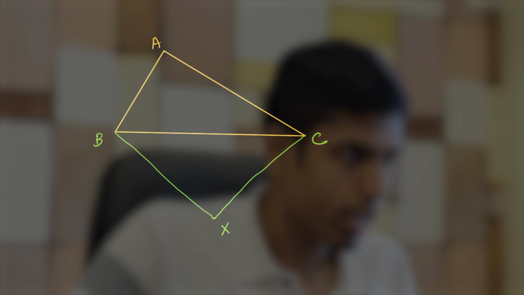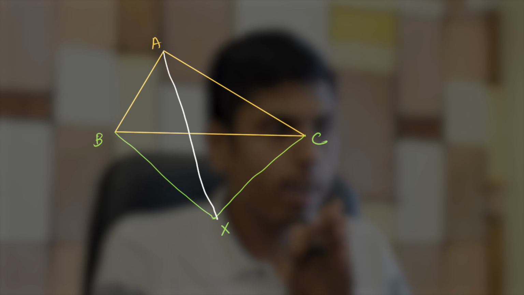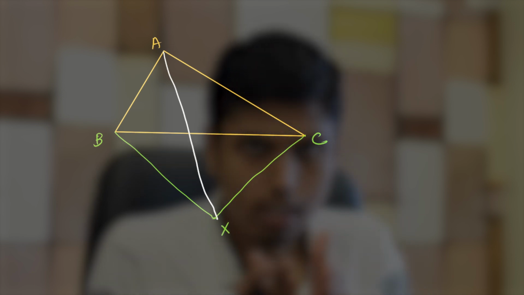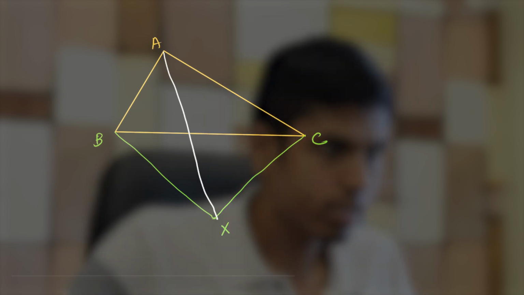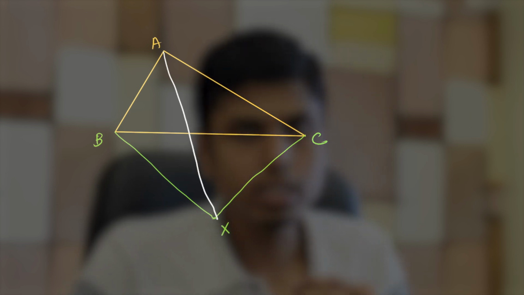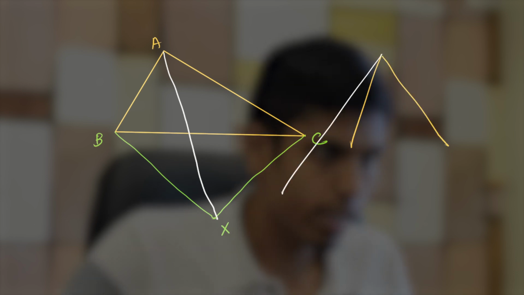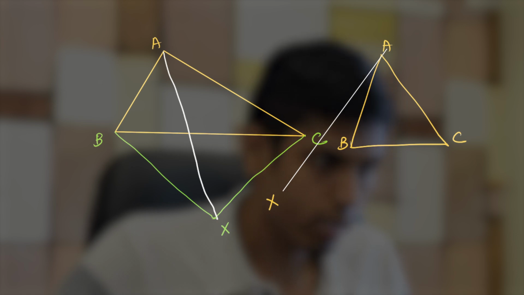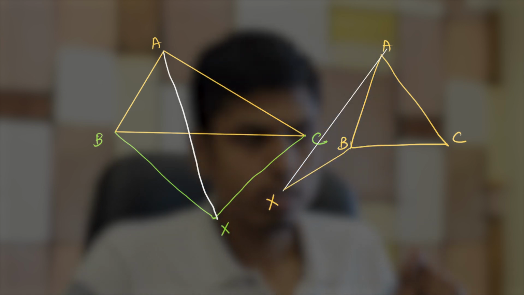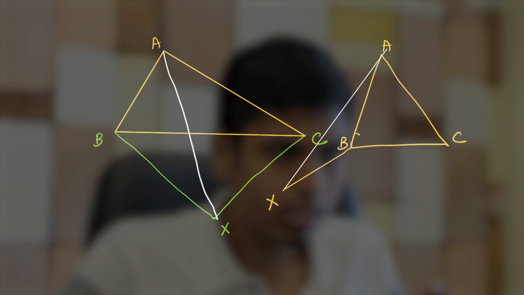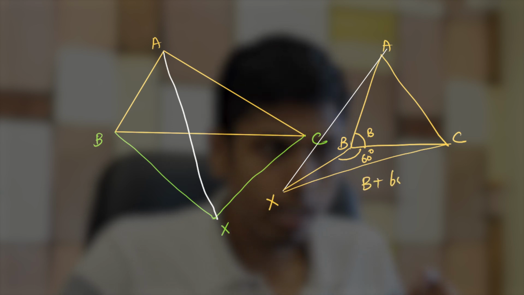First, realize that AX should lie between the lines AB and AC. Kind of like AX divides the acute angle BAC. This is because triangle ABC is acute angled. Because if X were outside, then the diagram would look like this. Here is triangle ABC and here is the point X. And if X is going to be in this configuration, then this angle, which is supposed to be B plus 60 degrees, is going to be greater than 180 degrees.